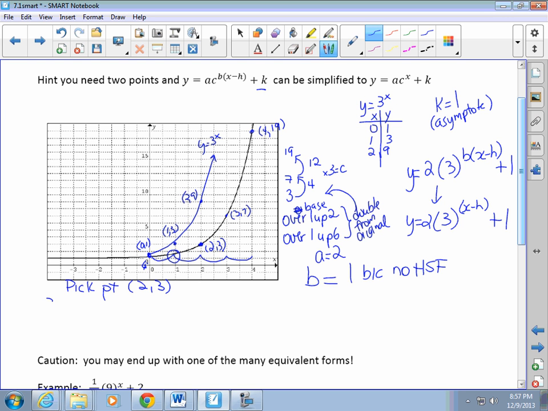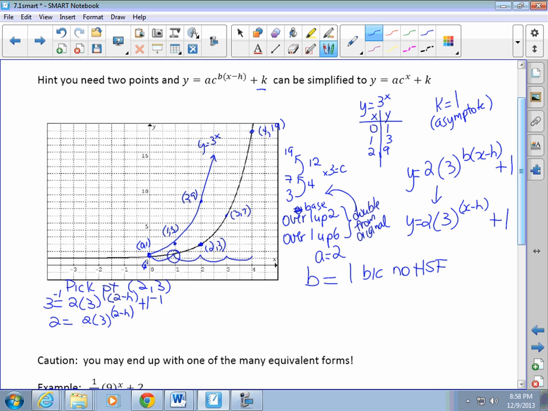So 3 is equal to 2 times 3 to the power of 2 minus h plus 1. If I subtract 1 from both sides, I have 2 is equal to 2 times 3 to the power of 2 minus h.